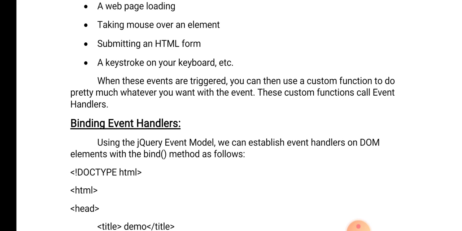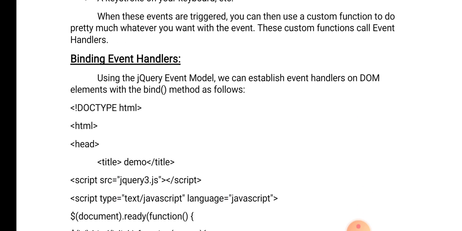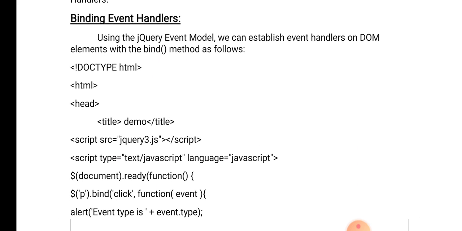First we write an HTML document, and if you understand how to write HTML documents and how to include the jQuery file into an HTML document for performing jQuery code, then you can understand how to handle events using jQuery event handling methods.